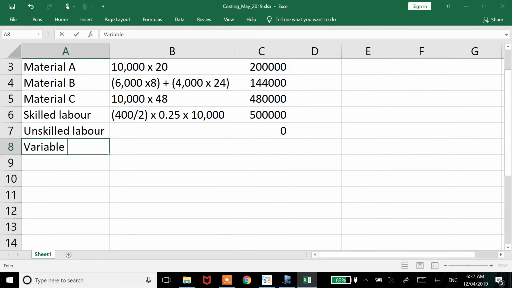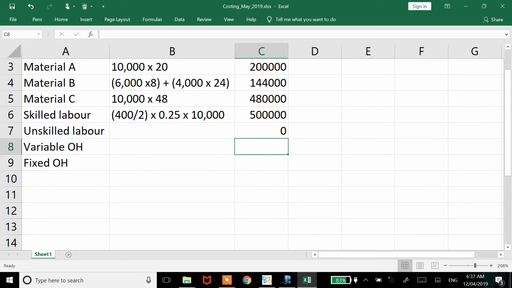Variable overhead and fixed overhead. As a general norm in costing, all variable costs are relevant unless provided otherwise. All fixed costs are irrelevant unless provided otherwise.